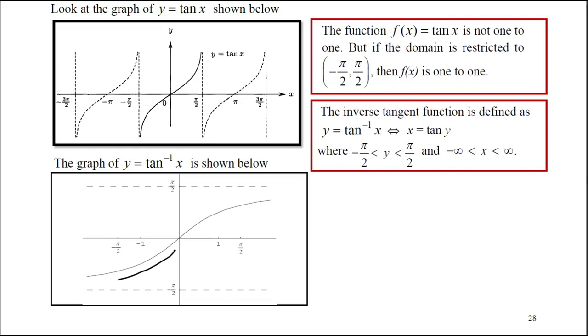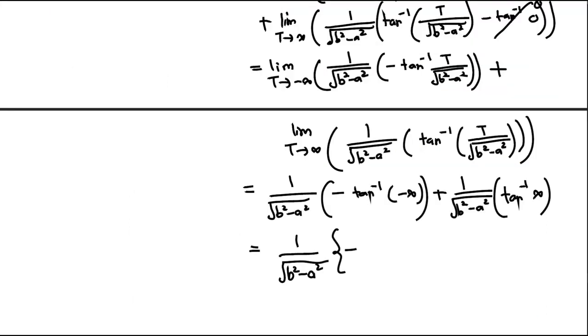When x approaches negative infinity, the function is negative pi over 2, and when x approaches infinity, the function is pi over 2. So we get negative tangent inverse of negative infinity is negative pi over 2, and plus tangent inverse of infinity is pi over 2.